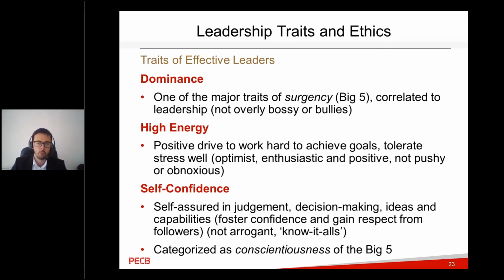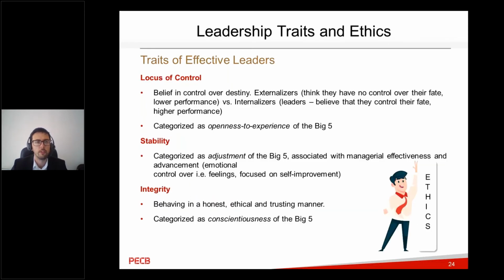Other traits that we will cover are the locus of control, stability, and integrity. When we talk about the locus of control, we're talking about a continuum that exists between the external and internal belief of what controls a person's destiny.